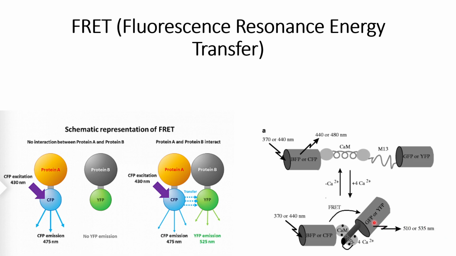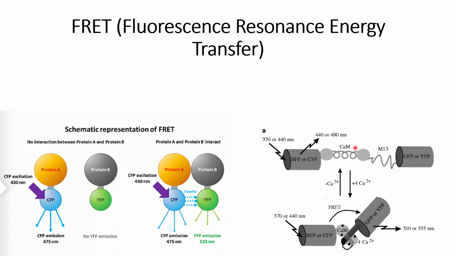So we will be able to distinguish whether free Ca2+ is present within the cells or within separate organelles by just observing the final signals, whether we get 535 nanometer signals or 480 nanometer signals. We will also get some 440 nanometer signals, which could be because some of the reporters might not have found free Ca2+, or the complete energy transfer might not have occurred.